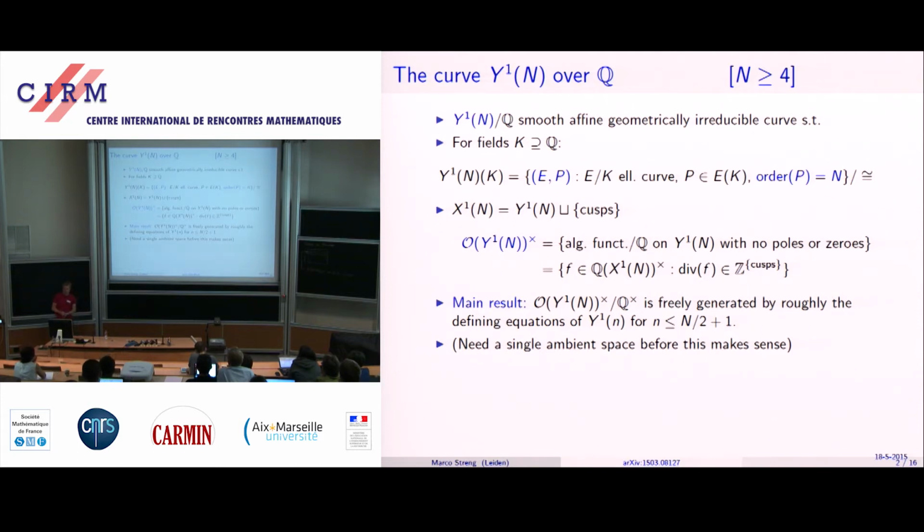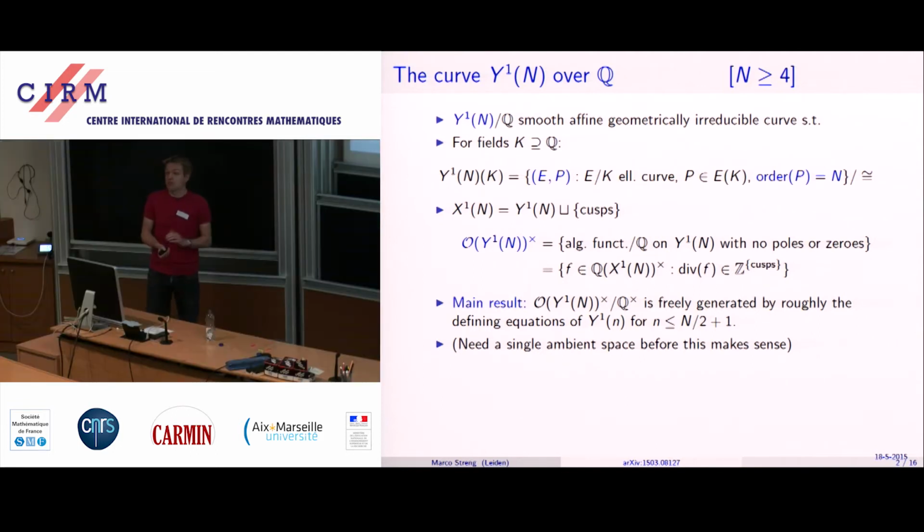Now the main result for this talk is a set of generators of this group. This group, of course, contains the constant functions, so that's just Q star, and the group modulo Q star is freely generated by, roughly, the defining equations of the other curves Y1(m) for m smaller than n over 2 plus 1.